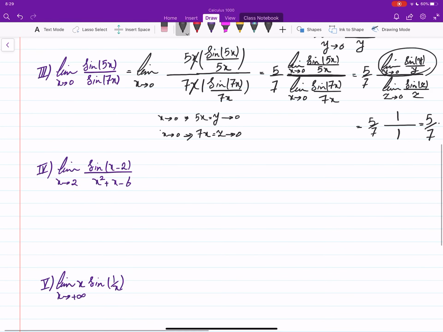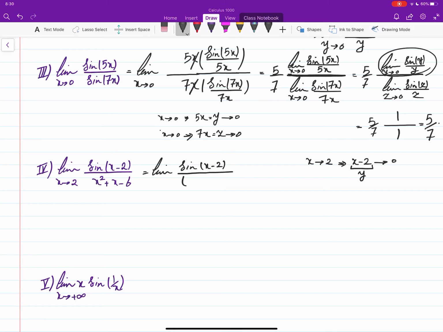This one is a little bit different case, but we can deal with this. Now you see, as x approaches 2, x minus 2 approaches 0. So if I call this y, let me rewrite this here, x minus 2.